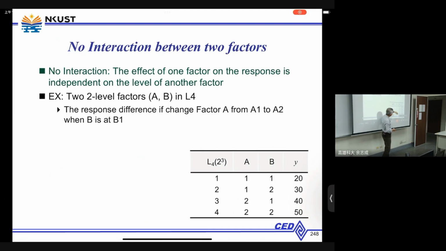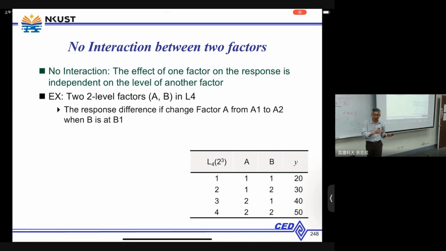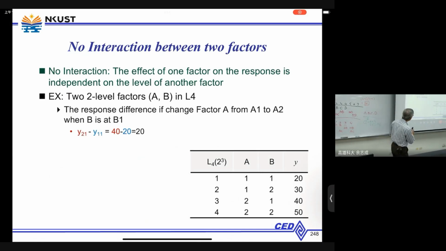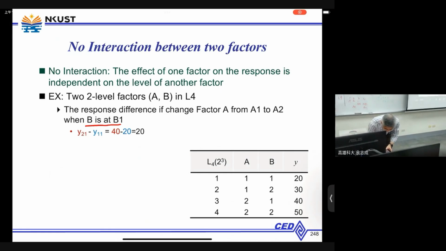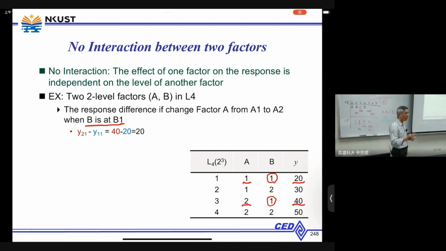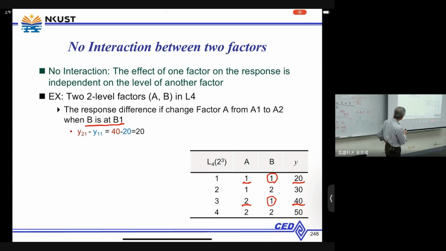So the difference when I change from A1 to A2 will be 20, right? When B is in B1, I change A from A1 to A2, the corresponding output will change from 20 to 40. Therefore, the difference will be 20.